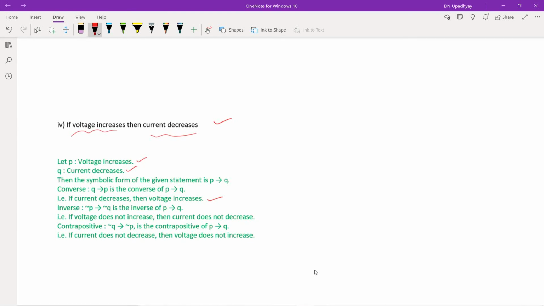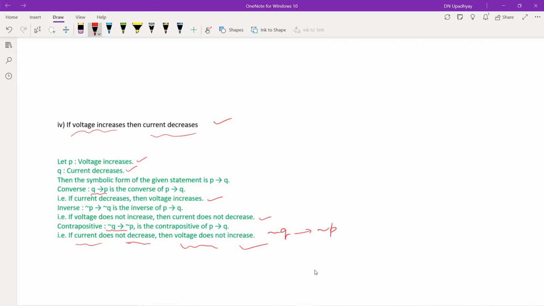This will be converse, Q to P. Inverse, negation P to negation Q. If voltage does not increase, the current does not decrease. Right? Contrapositive, negation Q to negation P. So if current does not decrease, then voltage does not increase.